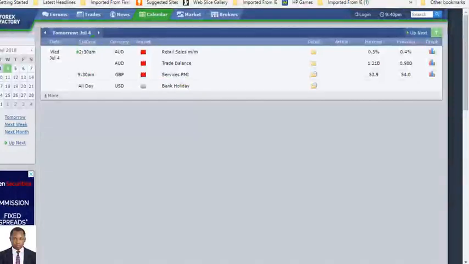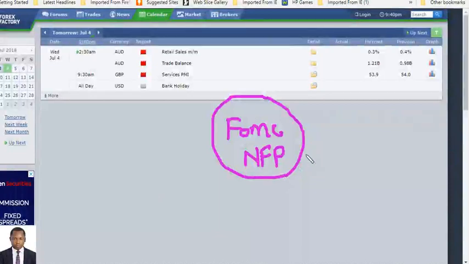Okay, well, I will repeat this again. FOMC and NFP weeks are weeks that are very difficult to find trading opportunities. That's because a lot of traders, especially the market movers, are sitting on the sideline waiting for this critical news announcement to be released into the market.